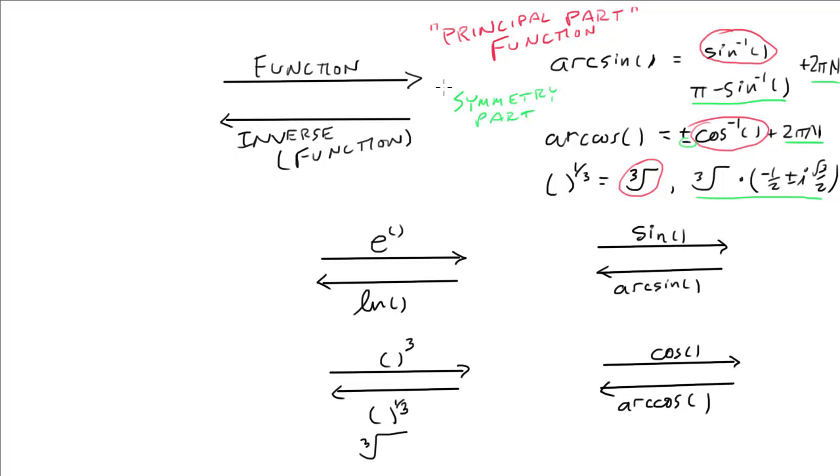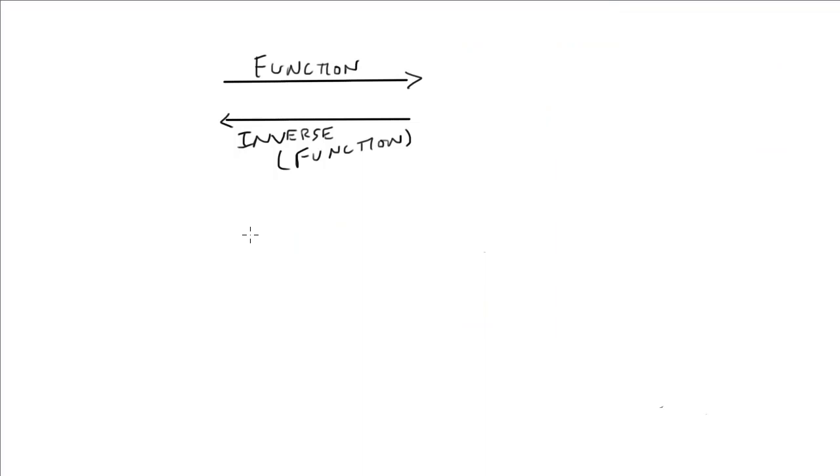So my inverse operation is divided into the principal part and the symmetry part. This makes the exponential super easy because the inverse is already a function. Adding and multiplying are a little harder.